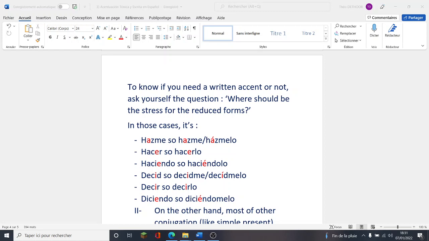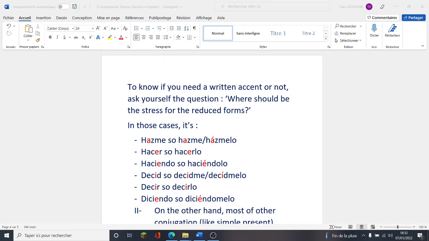And for the last example, diciéndomelo is a progressive form with two pronouns at the end. So basically, you will need a written accent on the E in order to keep the stress on the same vowel you had in the first word, diciendo, the progressive form of decir.